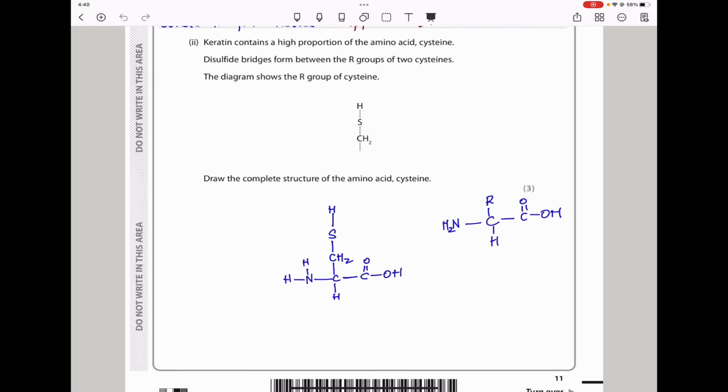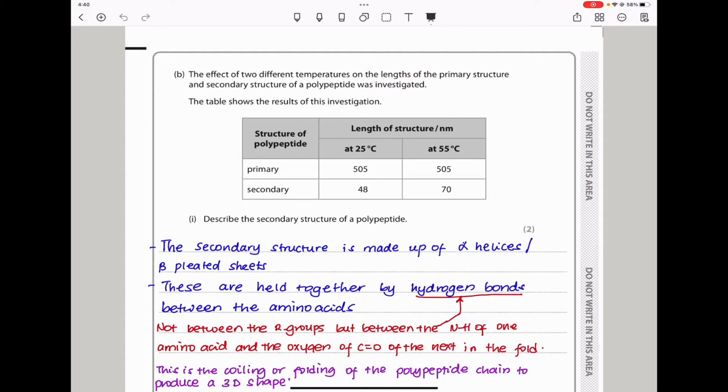Let us continue. So here they say the effect of 2 different temperatures on the lengths of the primary structure and secondary structure of a polypeptide was investigated. The table shows the results of this investigation. Here we see the structure of the polypeptide. There is a primary and there is a secondary. For the primary, the length of the structure at 25 degrees is 505, and at 55, it's 505.